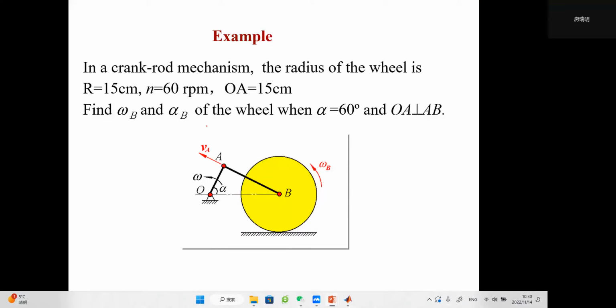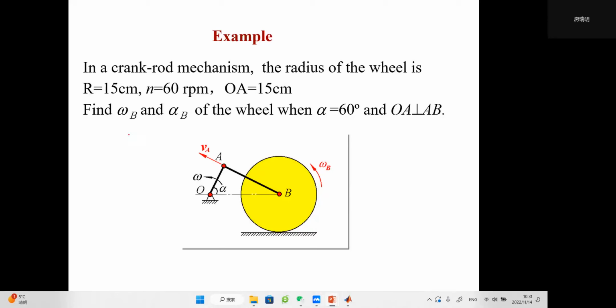So in a crank rod mechanism, you can see it is a little bit similar to the 曲柄滑块机构. The radius of the wheel is R equal 15 centimeters, and n equals 60 RPM, revolutions per minute, and OA is also 15 centimeters.